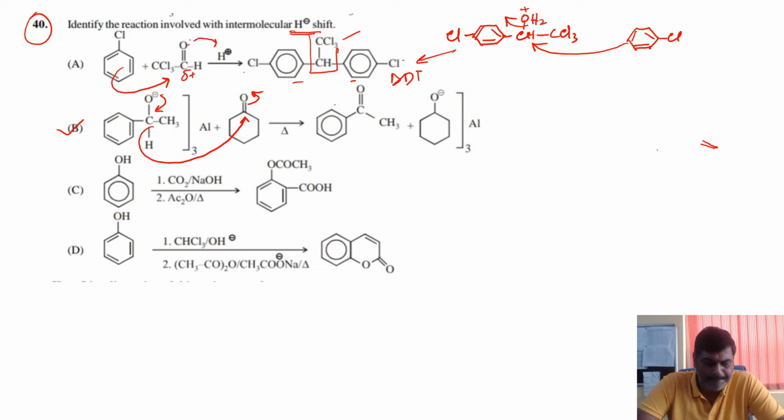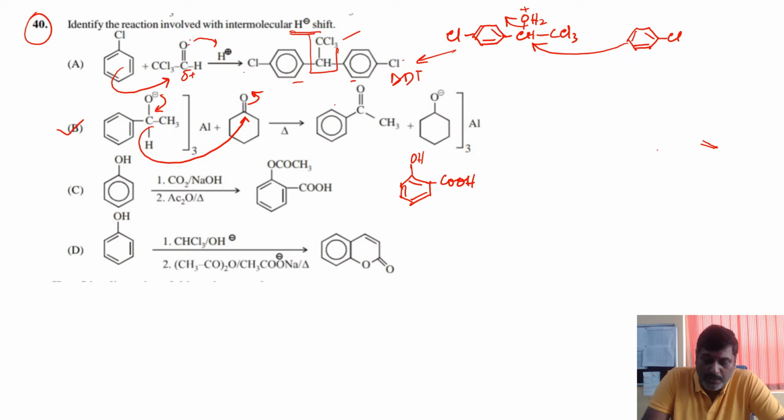Then what about C? The C also, it is a Kolbe's reaction. There the CO2, NaOH. So you know that initially this will be giving here the OH. Again, I don't write here much in detail. This information is enough. And there is the COOH. This is salicylic acid.